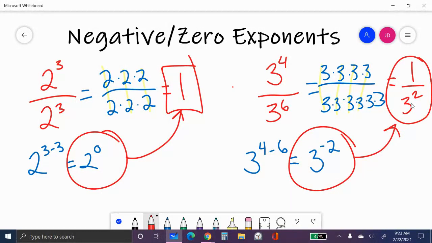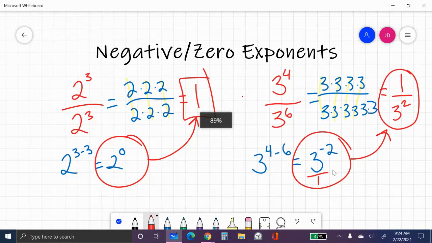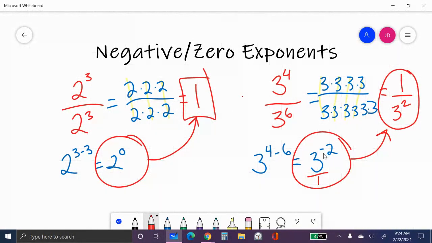A lot of people get confused and think a negative exponent means you're multiplying by a negative number. No, that means it goes to the bottom of the fraction, because actually this is written as a fraction. It doesn't look like a fraction because we're not used to writing 3 over 1. So it goes to the bottom of the fraction and becomes a positive.